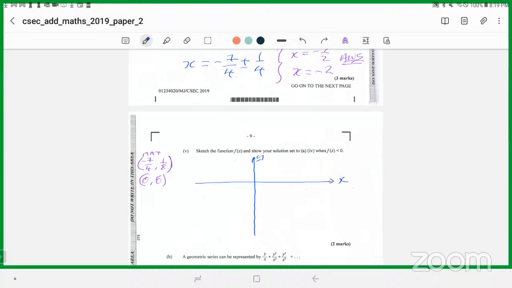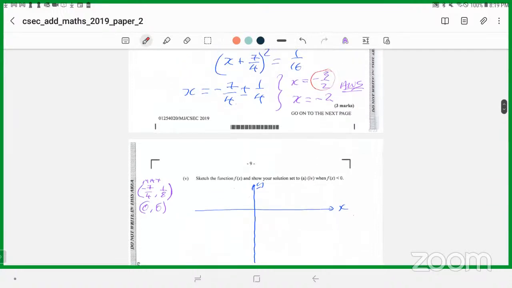Then the maximum point is negative 7 over 4, 1 over 8, so it's somewhere over here, in red. Negative x value, positive y value. And then it has two negative roots, negative 3 over 2 and negative 2, so it cuts the x-axis somewhere here and over there.